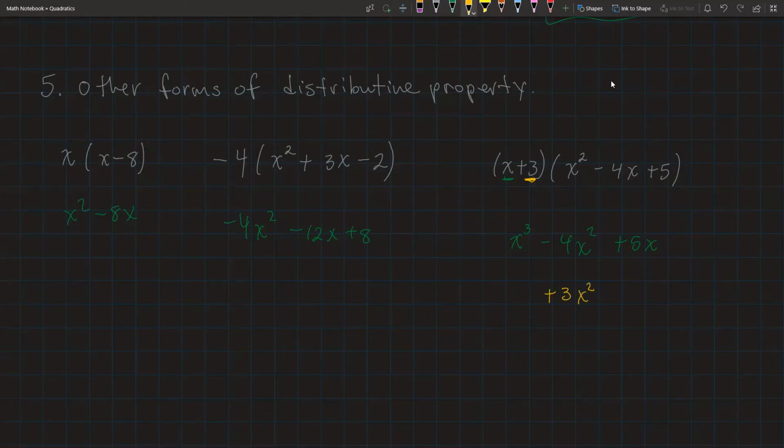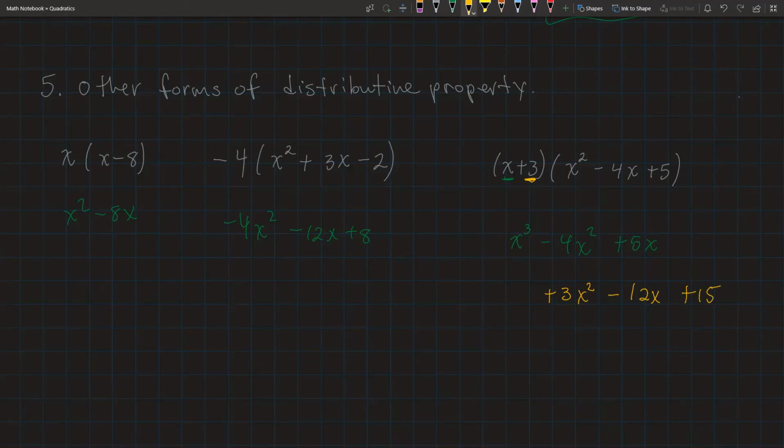And when I say that, this x squared power matches with this x squared power. It wouldn't make sense for me to write it here, then I wouldn't be able to combine them. And then +3 times -4x, that will give us a -12x. And notice how now that lines up my x terms to be able to combine those. And then +3 times +5, it is a +15.